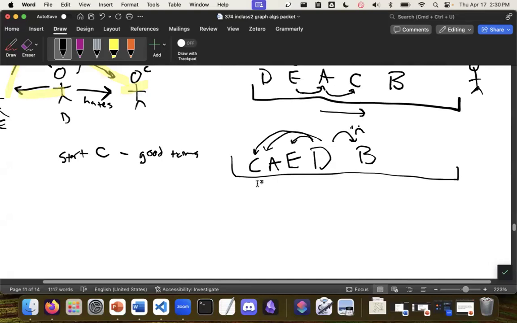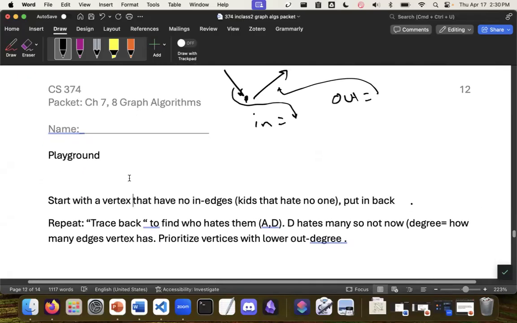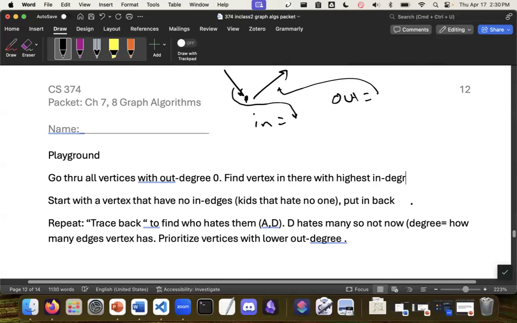All the vertices that have an in degree of zero, then find the vertex that has in degree zero with the highest, that vertex, and then... Okay, wait, I think I missed something at the end.